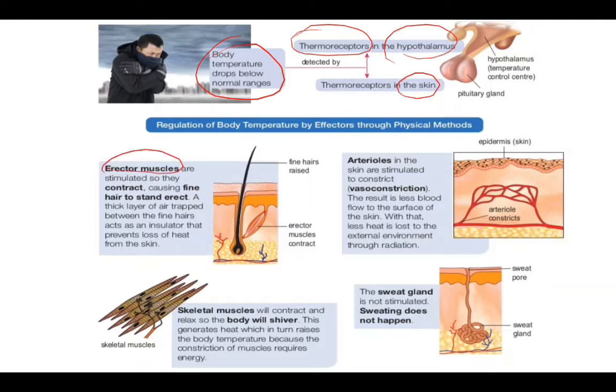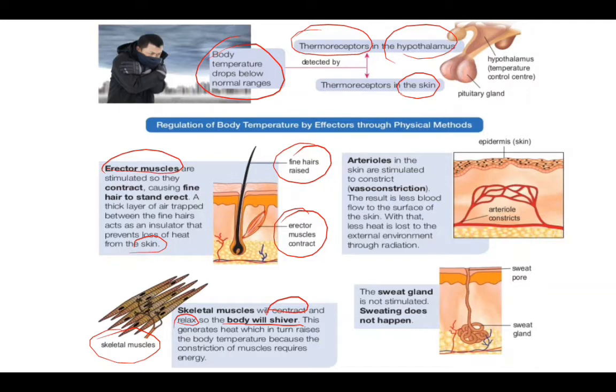So they will contract. Here the erector muscle contract, so causing the fine hairs to rise. A thick layer of air trapped between the fine hairs acts as an insulator that prevents the loss of heat from our skin.